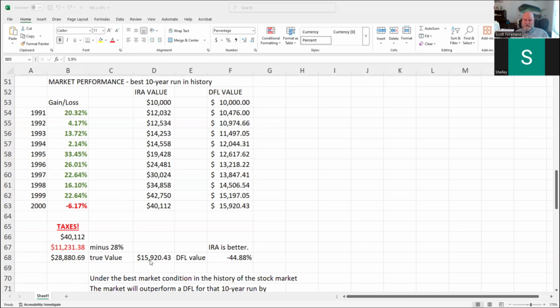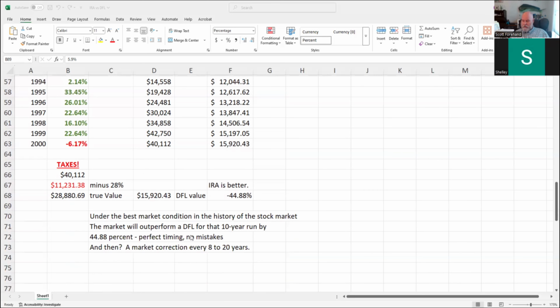In this particular example, and this is rare, the only example really, the investment into the S&P and IRA would have been a better choice because it's 44.8% better.